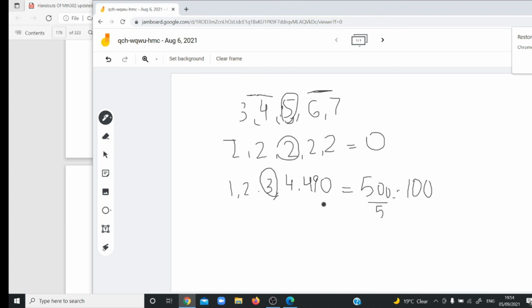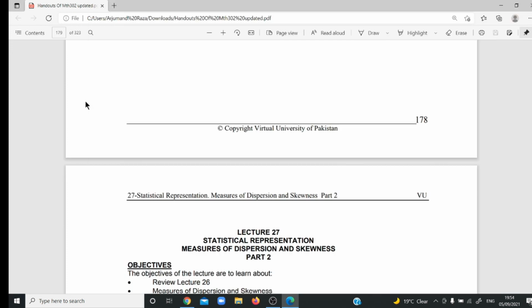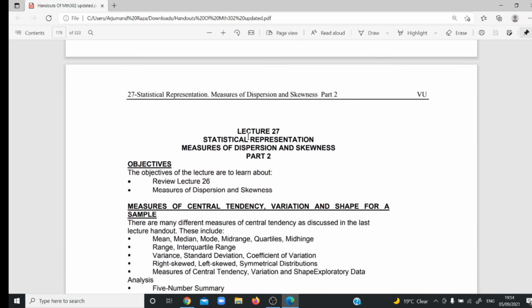And there is nothing more than that. So if I try to find the relationship or the distance from 3 to 490, here we call it a huge dispersion, a big dispersion. So this is weak dispersion, this is a strong dispersion, and this is no dispersion. Okay, I hope you will get this.